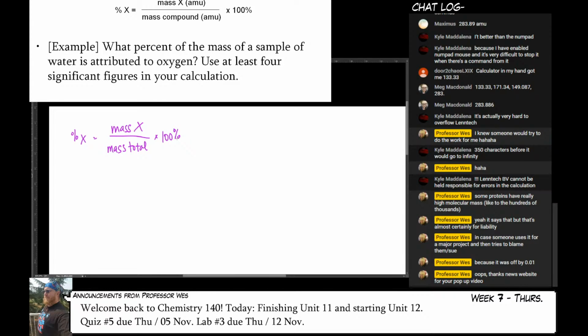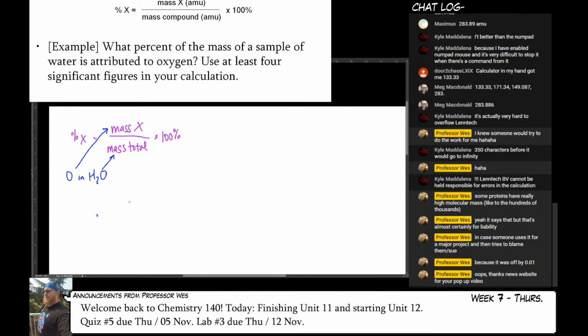So in this case, we're going to look at oxygen. And it comes from H2O. So that means that the oxygen's mass is going to go there, and the water's mass is going to go there.